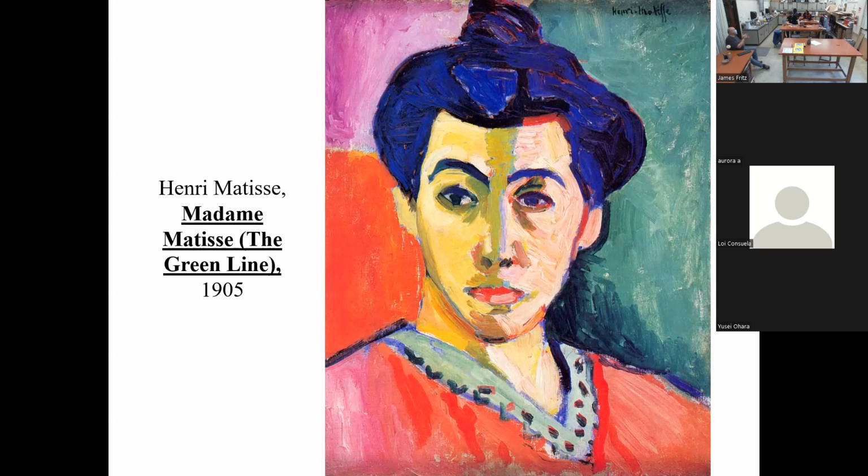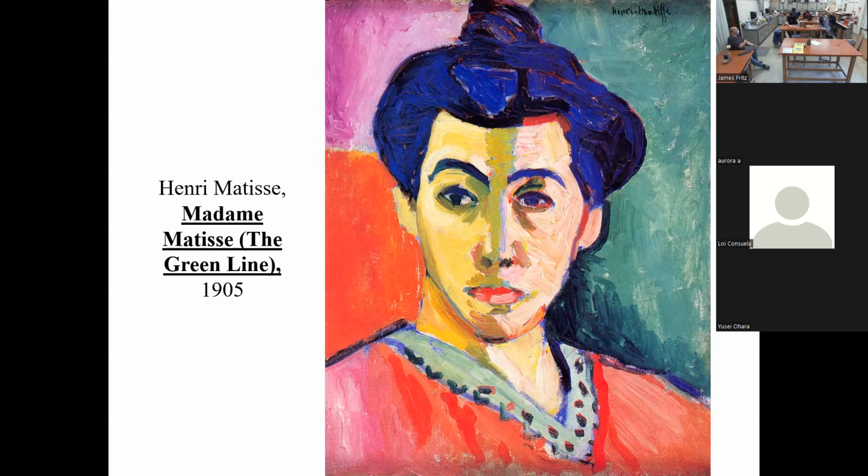And the reviewer said that Donatello was surrounded by the fauves, fauve being the word in French that would refer to wild beasts. And so the name stuck. These guys became known as the fauves because they were so wild in their use of color.